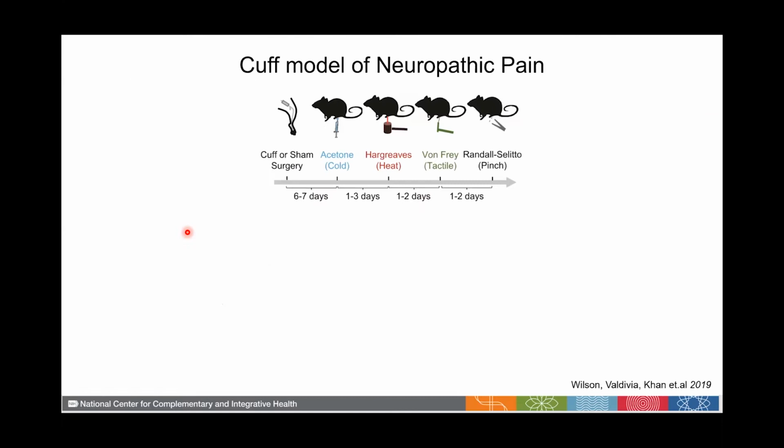properties. Now, to evaluate the function of these neurons in the context of pain, we use a cuff model of neuropathic pain. What this involves is that we expose the sciatic nerve of the animal and we put a little plastic cuff around the sciatic nerve, and then we perform a battery of behavioral tests to evaluate cold, heat, tactile, and pinch hypersensitivity.